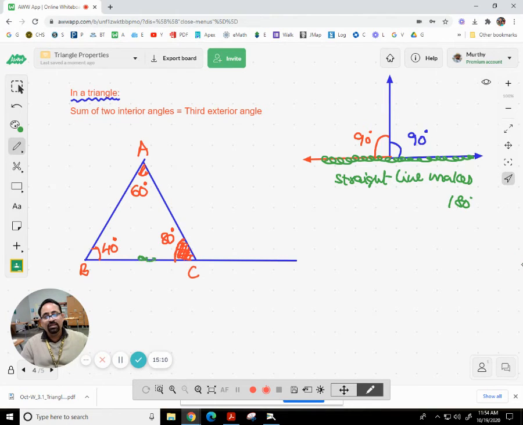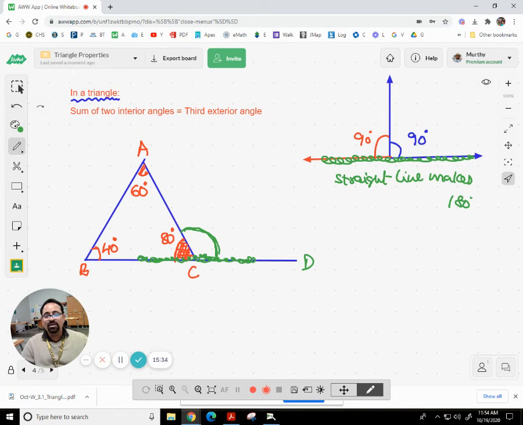Therefore, let's say BCD is a straight line. So what is the value of angle ACD? A straight line makes 180 degrees. Therefore, what is the value of this one? Obviously, that is 100 degrees. Agreed?